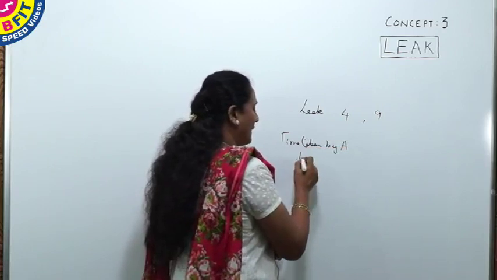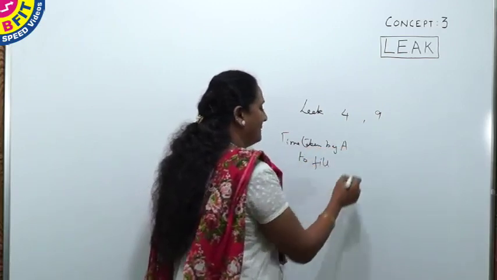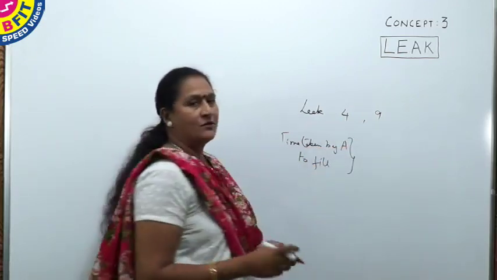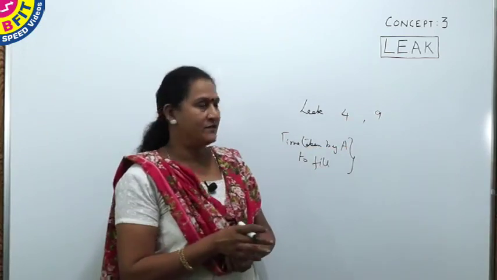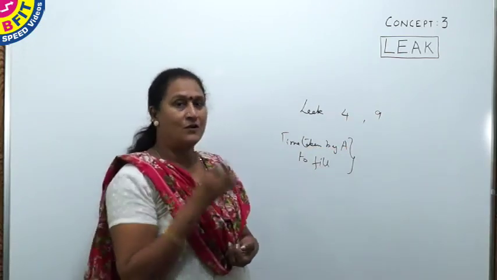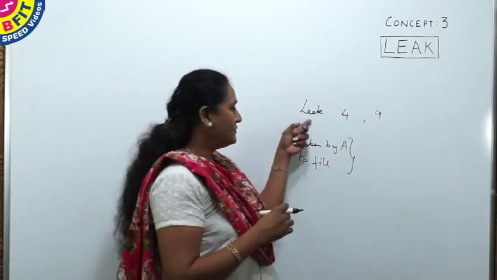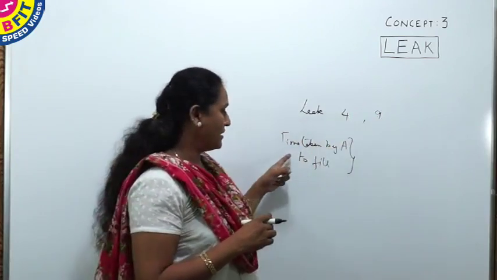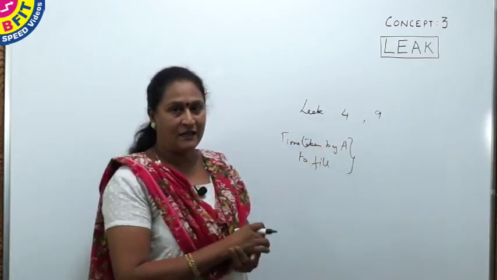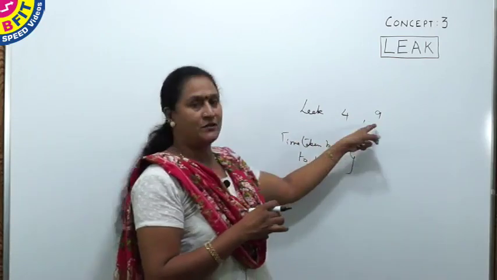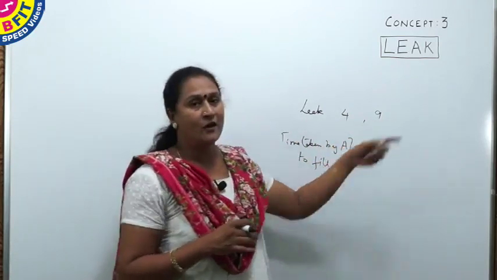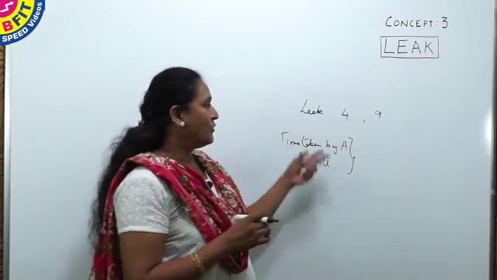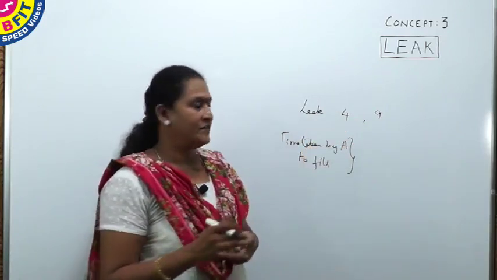The working is the same, only the concept is different. There, filling was the base and the leak was asked. Here, the leak is the base, and you are asked to find the time taken by A to fill the tank. Because A is filling, the leak is taking more time to empty. So now, product of time by difference in time.